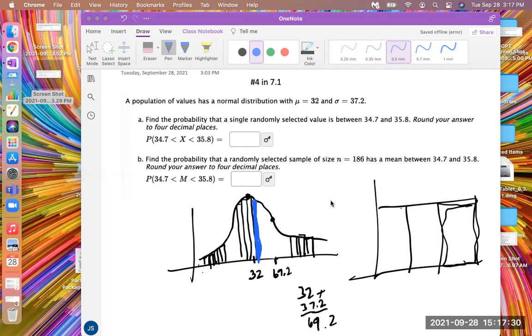The probability of finding one guy that is, let's say, 6'4", what's the probability of finding one single guy that's 6'4" or something? It's not uncommon. You'll run into one.